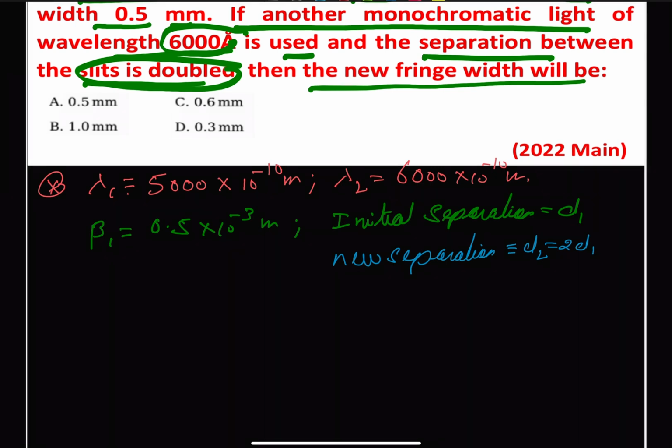And we know that our fringe width, that is beta, is our lambda capital D divided by small d. So for two wavelengths, we can write for initial as well as final.